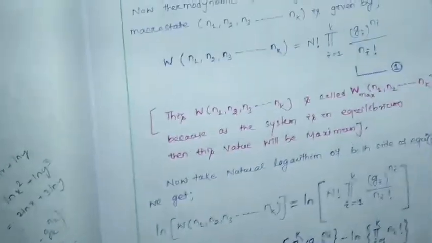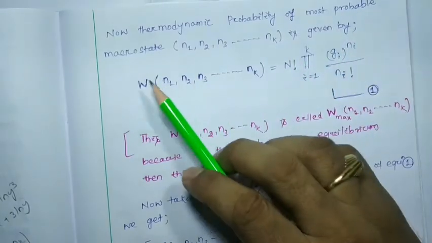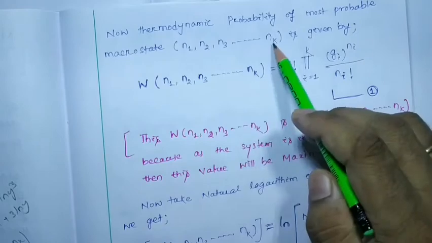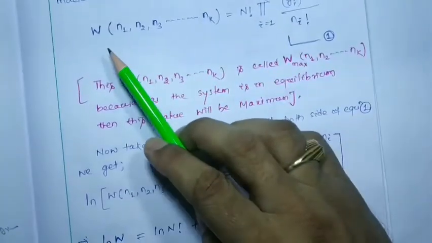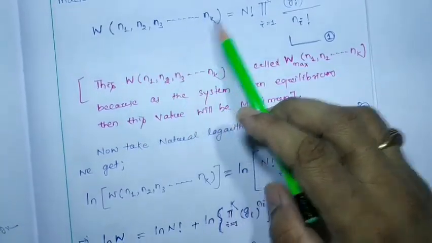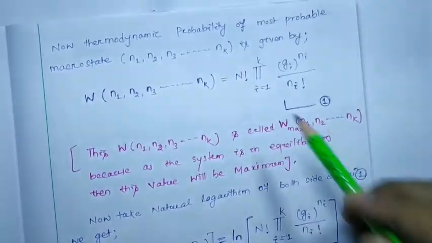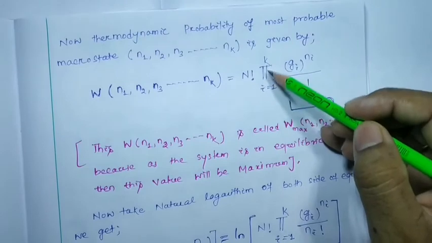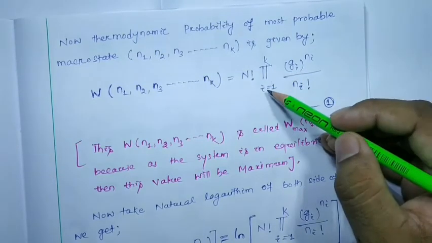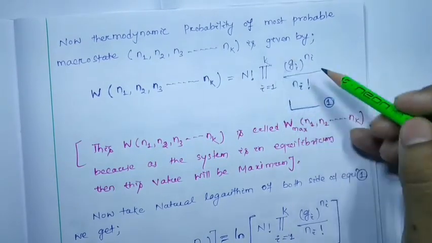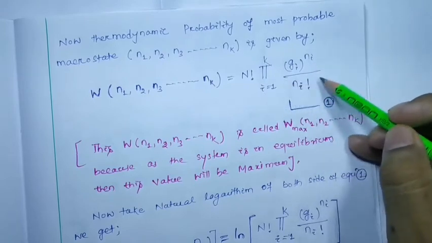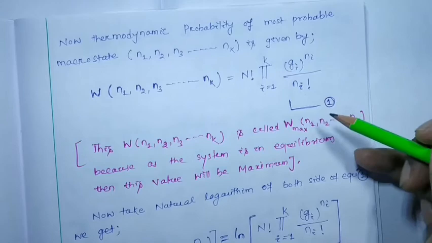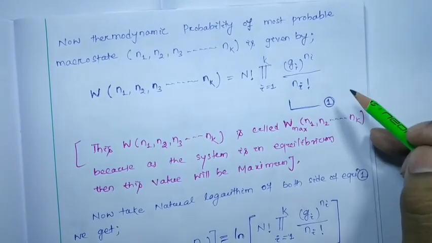Now, the thermodynamic probability of the macrostate N1, N2, N3 up to Nk is given by W(N1, N2, N3 up to Nk) equals n factorial times the product over i equal to 1 to k of Gi to the power Ni divided by Ni factorial. This is your equation number 1.